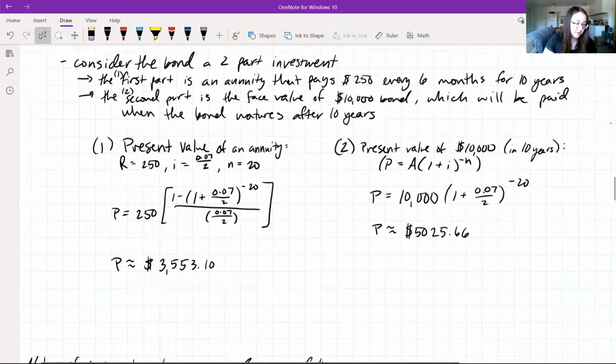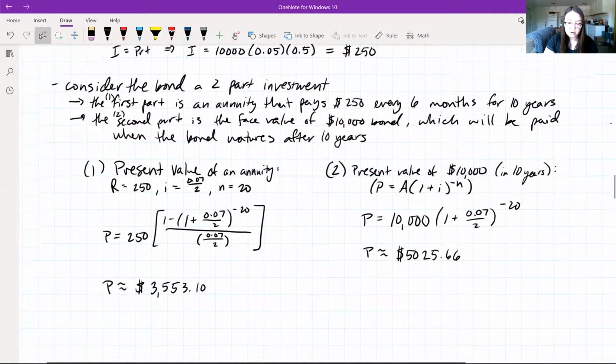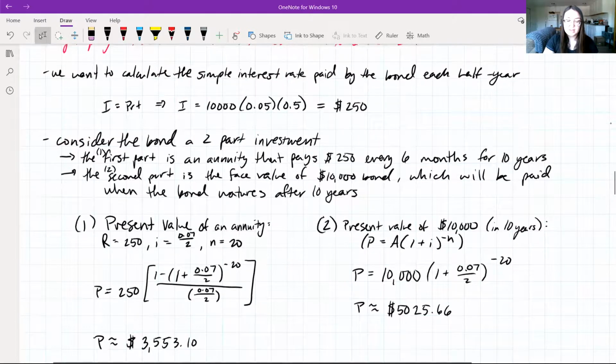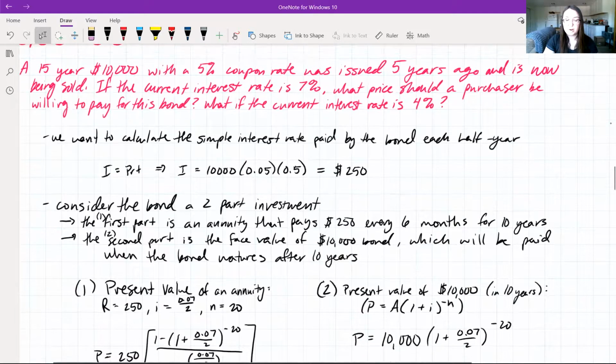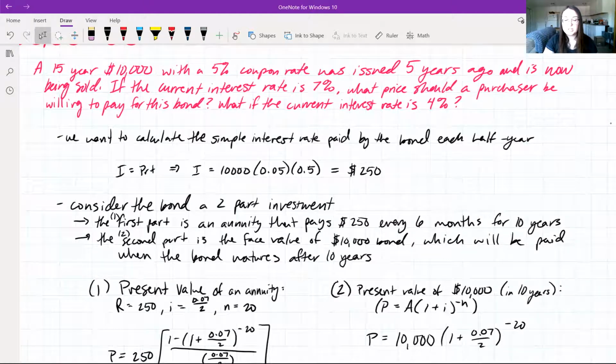All right, so now we're asking our question here: what price should our purchaser be willing to pay for the bond?